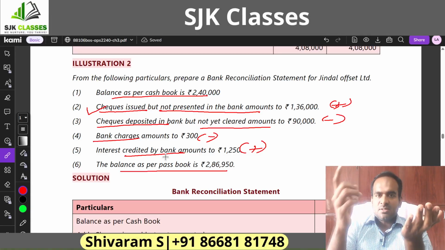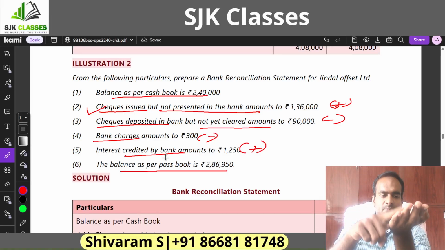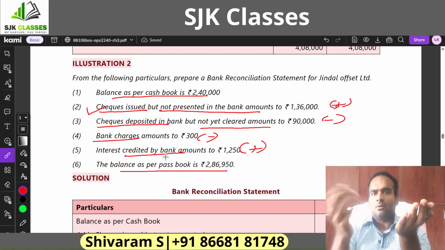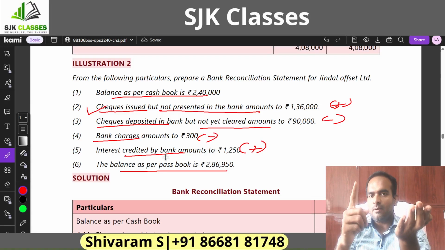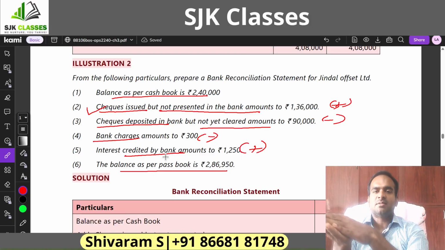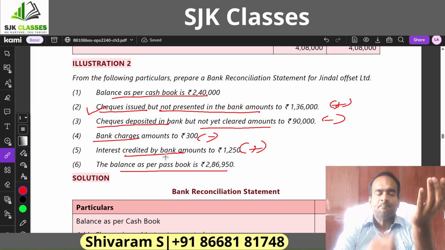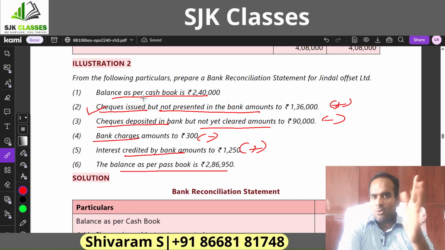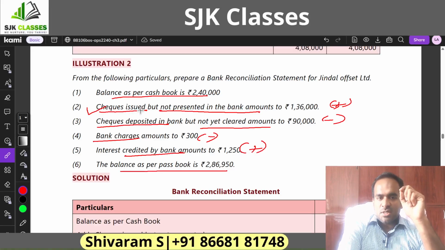Since passbook is taken as the base, my left hand is passbook, right hand is cash book. You have to be very careful with the hand movement. Do it parallelly. Now let's start with point number 2, because point 1 is just information with nothing to do with BRS. The transactions start from point number 2. Checks issued but not presented in the bank amount to 1,36,000.